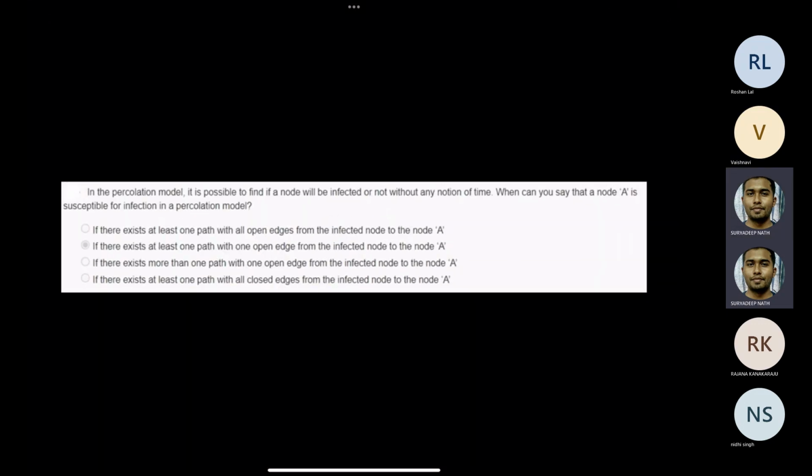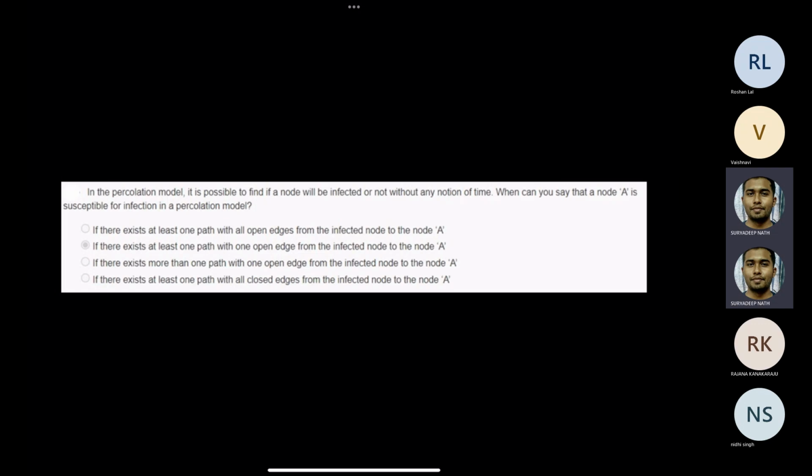Okay, in the percolation model, it is possible to find if a node will be infected or not without any notion of time. When can you say that a node A is susceptible for infection in a percolation model? If there exists at least one path with all open edges from the infected node to node A; if there exists at least one path with one open edge from the infected node to node A; if there exists more than one path with one open edge from the infected node to node A; if there exists at least one path with all closed edges.